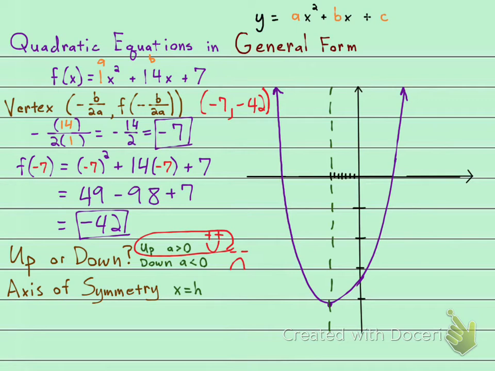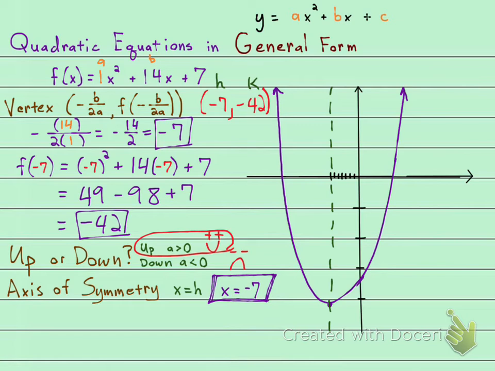So a vertical line always starts with x equals, there's not going to be any y, and h we know is negative 7, right, from the vertex h, k. So my axis of symmetry is x equals negative 7. You have to put it like this as an equation. You can't just put negative 7. A vertical line is x equals negative 7.